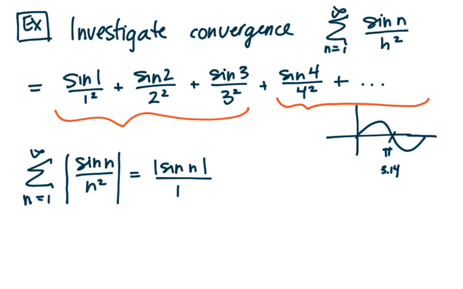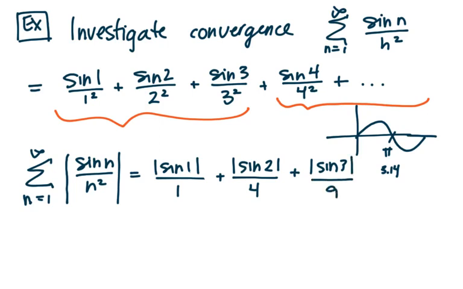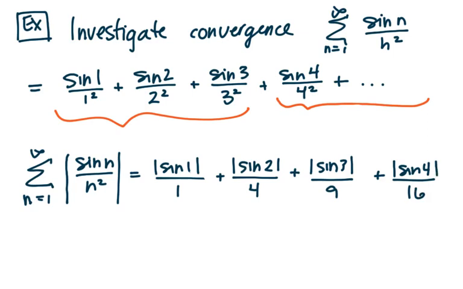So I'd have 1 squared, and I should have a 1 up here, plus the absolute value of sine 2 over 2 squared, which is 4, plus the absolute value of sine 3 over 3 squared, which is 9, plus the absolute value of sine 4 over 16.